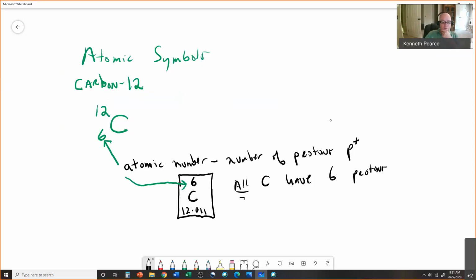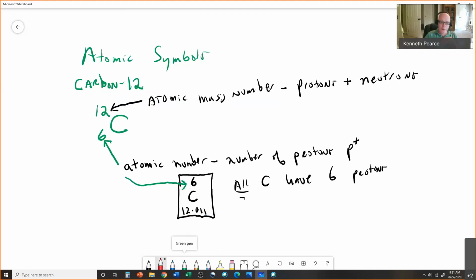Now, this 12 up here, that's called the atomic mass number. And it is the number of protons plus neutrons. And I'm going to write this in red because I do not want you to do this. This number right here, that's right below carbon, is not the mass number.